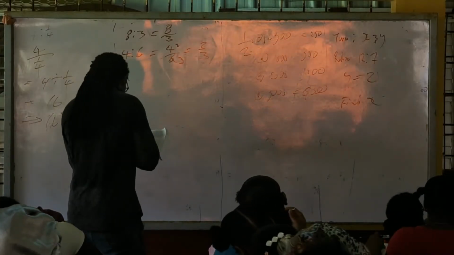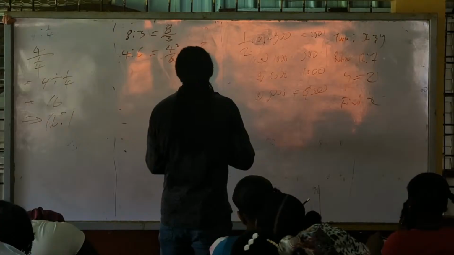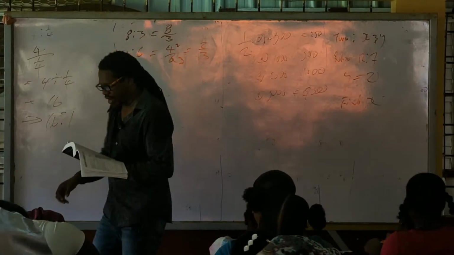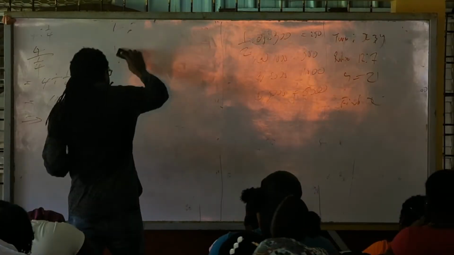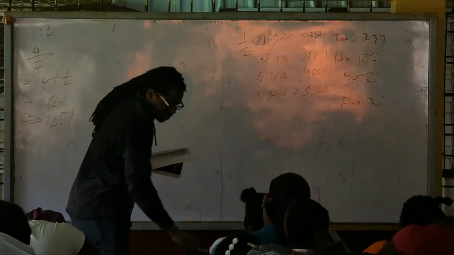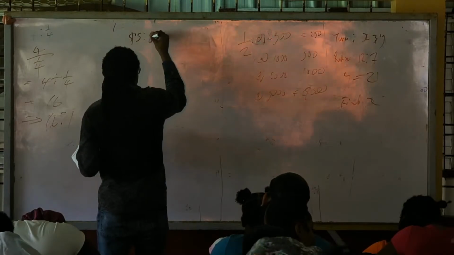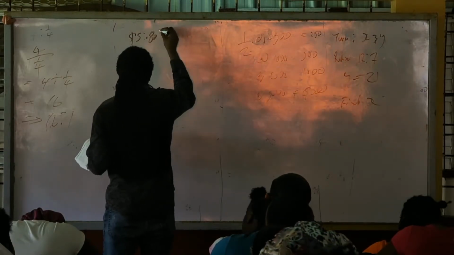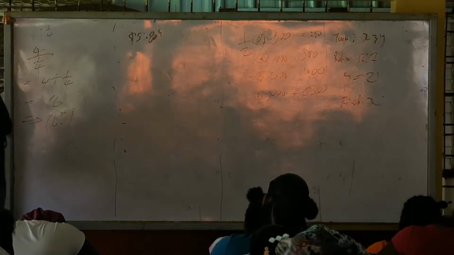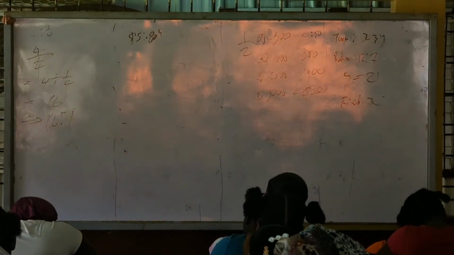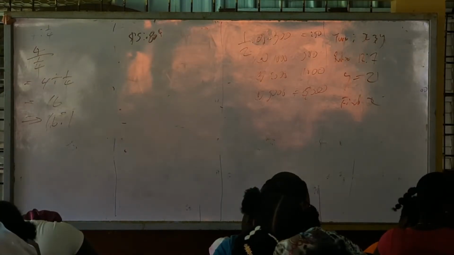Express the ratio $5 to 80 cents as a fraction in its lowest terms. I'm going one more after this. Now, a ratio must be of similar denomination.